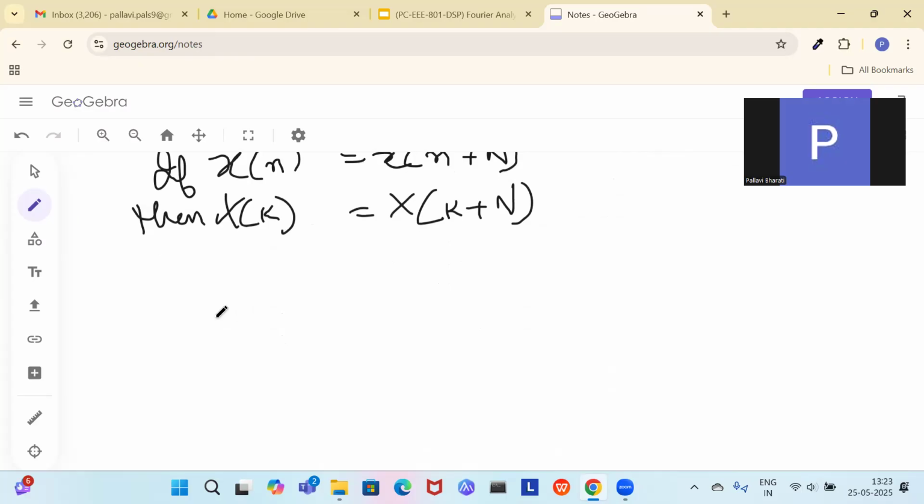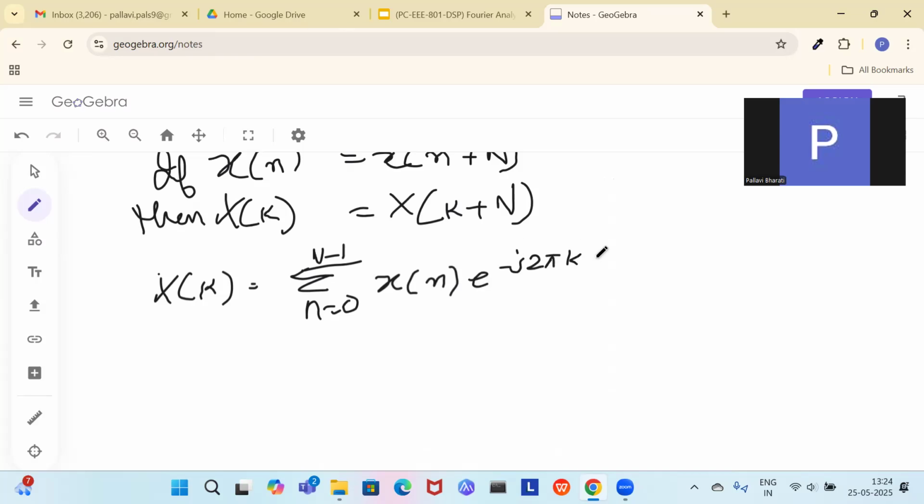We know that the DFT is given by this formula: X(k) equals the sum from n equals 0 to N minus 1 of x(n) e to the power of minus j 2 pi k n by N.